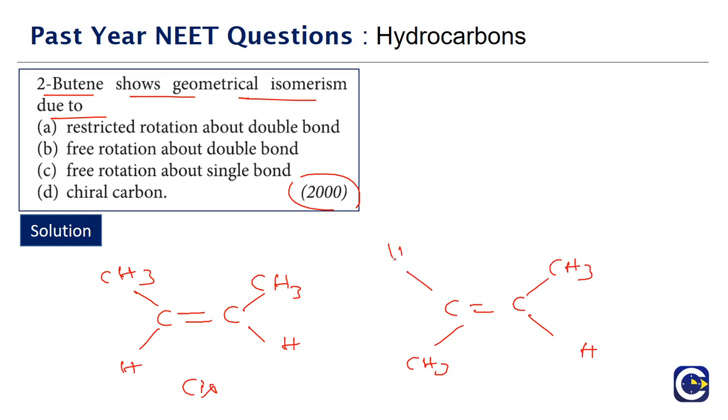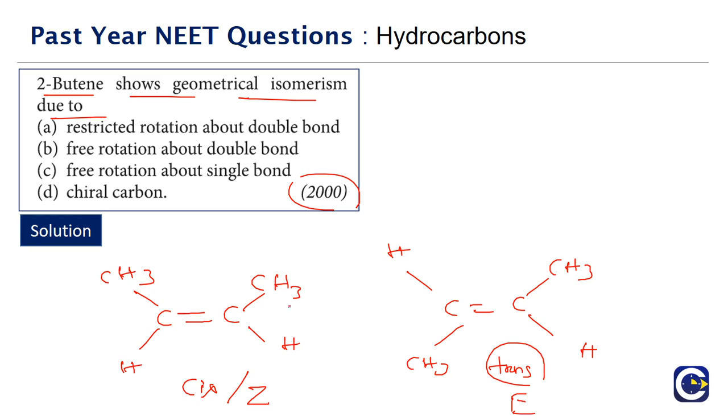So why do these cis and trans forms exist? We might recall that trans can also be called the E form, and cis can also be called the Z form. So cis-trans isomerism, geometrical isomerism, can also be called E-Z isomerism.